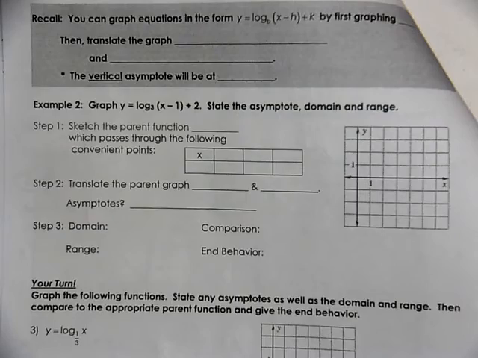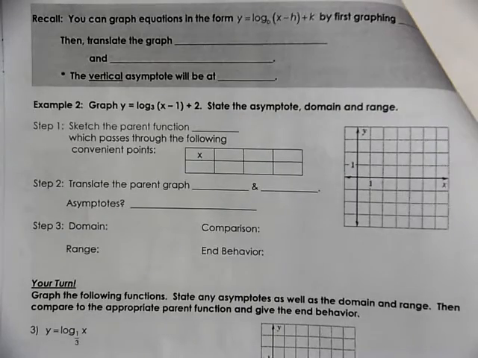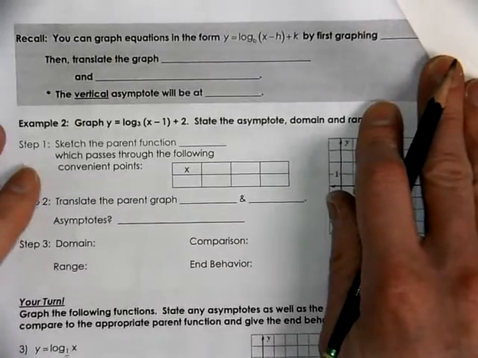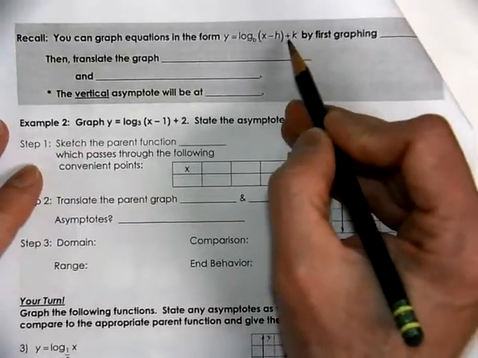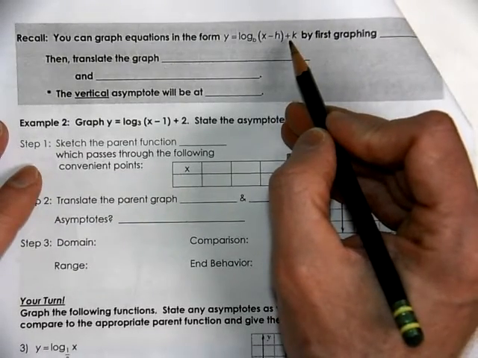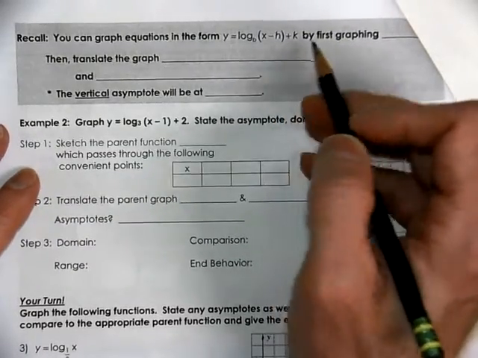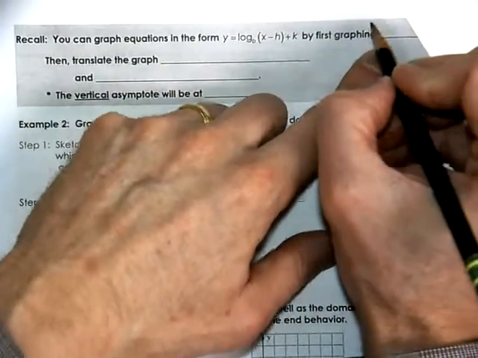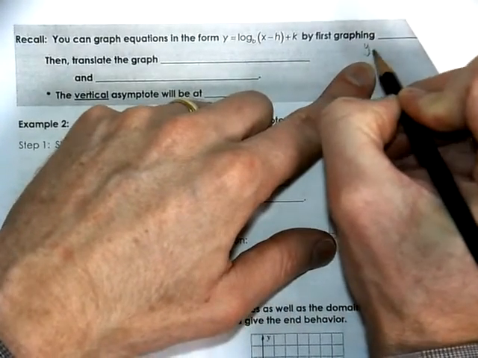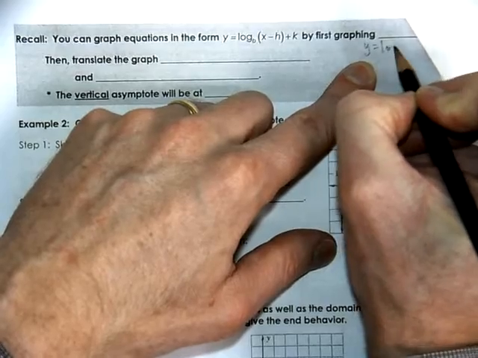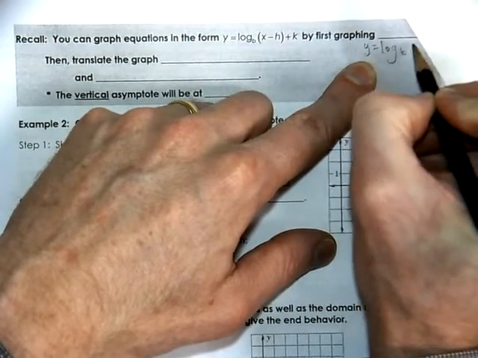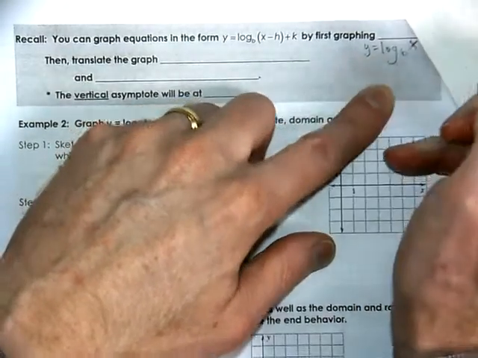All right, on the flip side, we have worked with h and k with most all of our functions. And we know that we're first going to graph out the parent function, which in this case is going to be y equals log base b of x.